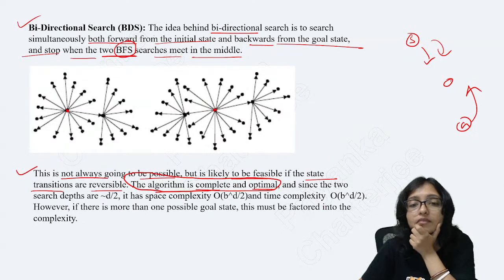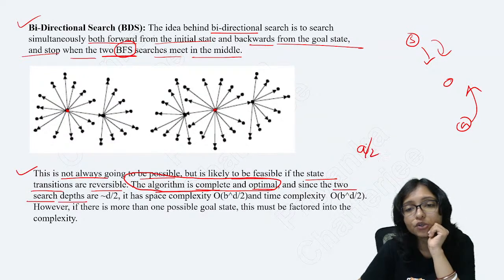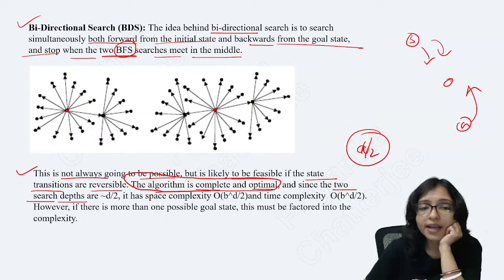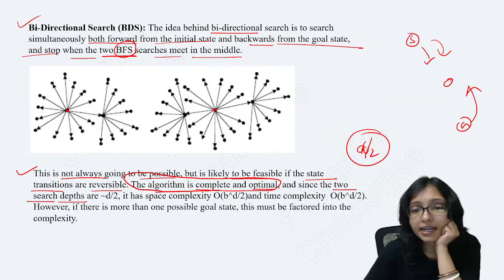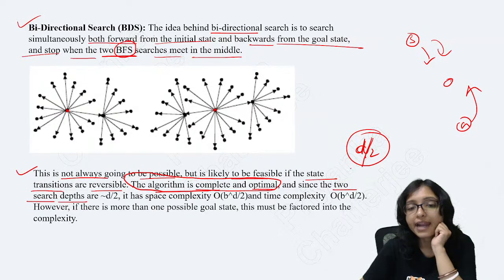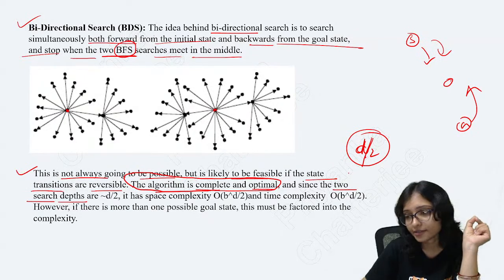Since the two searches each go to depth d by 2, the time complexity will be d by 2. At a time I am doing both sides.